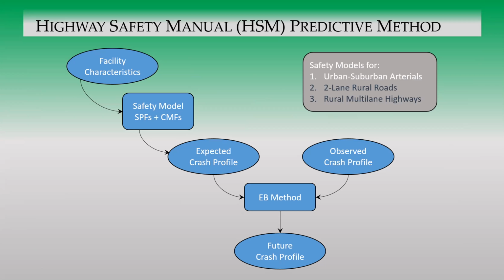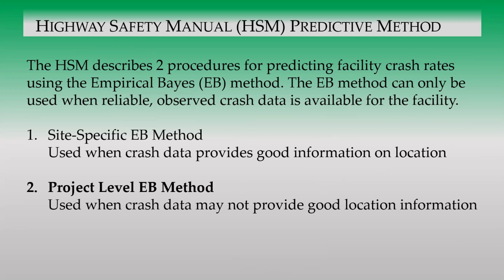And we have 2 procedures in the HSM for predicting crash rates using the EB method. We've got a site-specific and a project-level method. Site-specific is used when you have good data on location on each of your crash records. And I'll get into this, but crash data is often not as clean and nice as what you're going to get in this classroom.